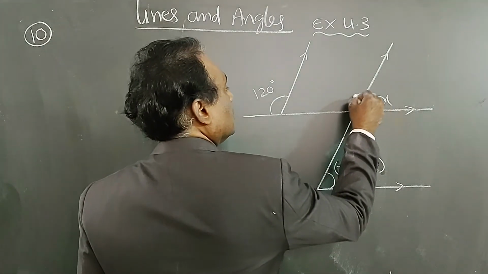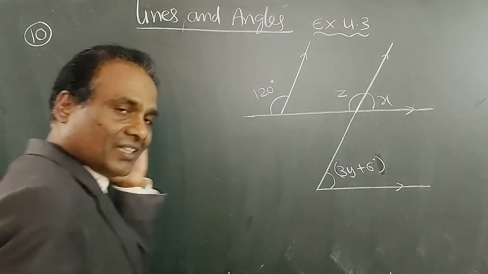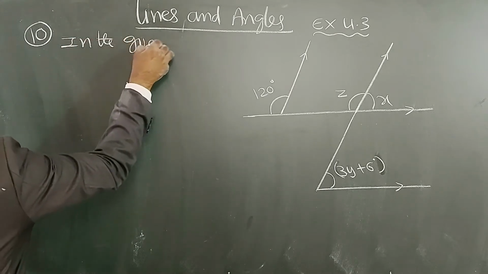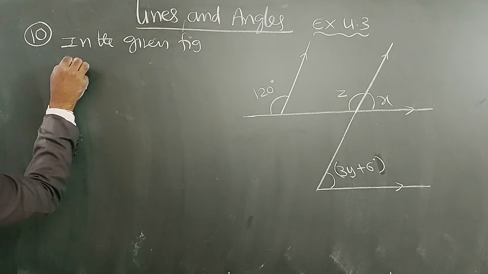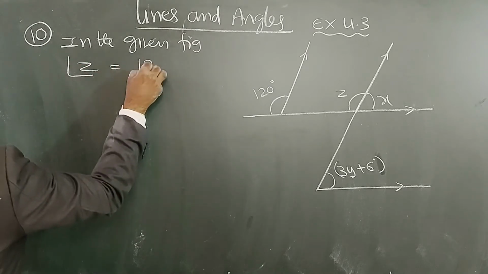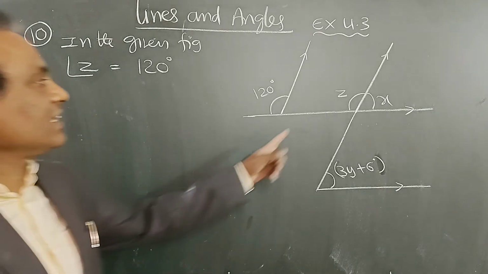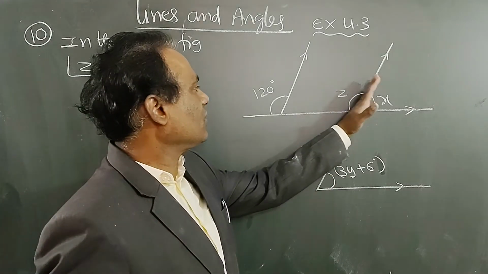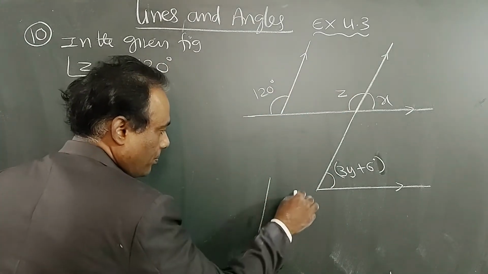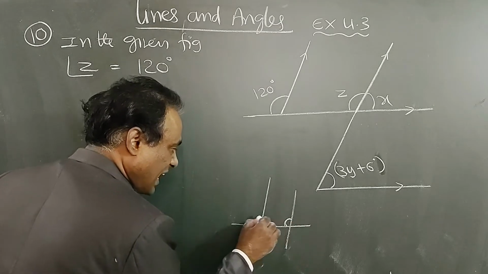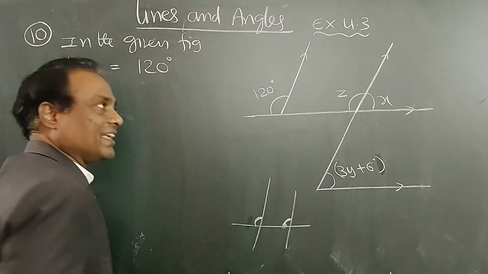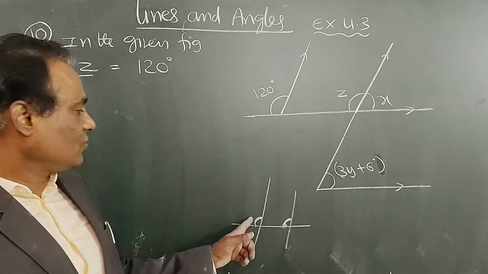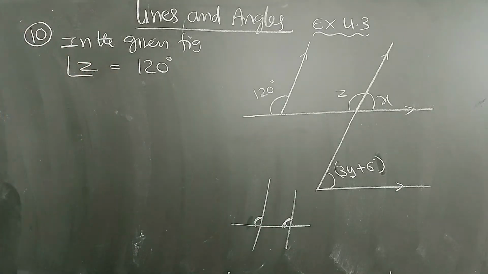See students, I will take this as z. In the given figure, angle z is equal to 120 degrees. Why am I saying that z is equal to 120? That you have to think. If two lines are parallel and this is a transversal, these two are corresponding angles.